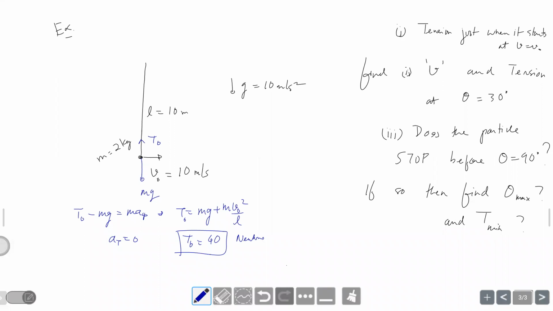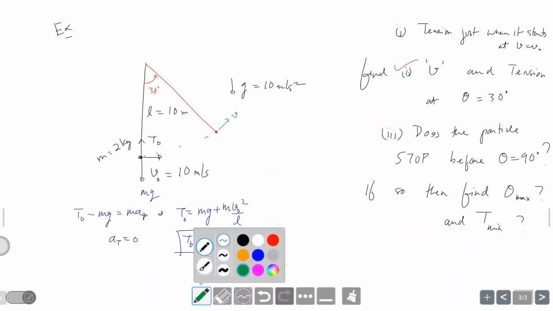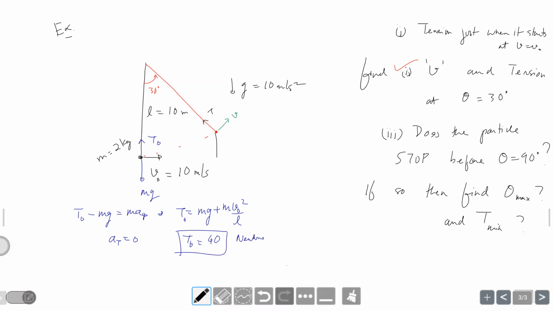Okay. Now let's see that from here, when I reach some angle. So my first part is I want to find at 30 degrees. So I take theta as 30 degrees. When it reaches this 30-degree position, then at this point of time, let's say this speed becomes V, and the forces acting on the particle are tension and mg.